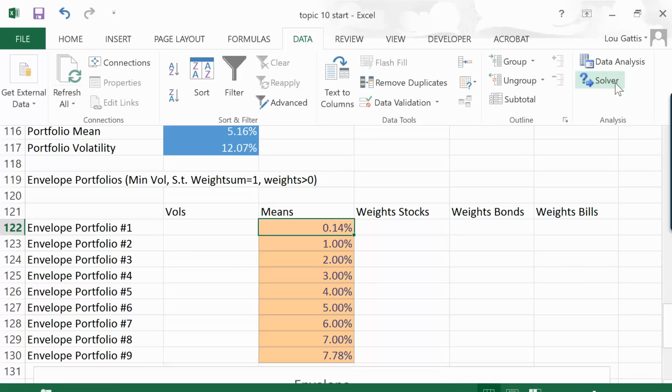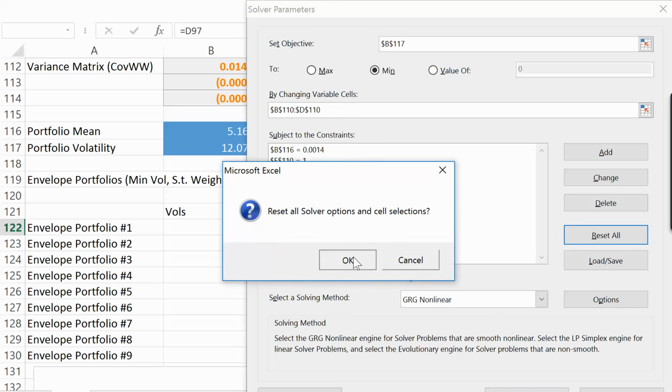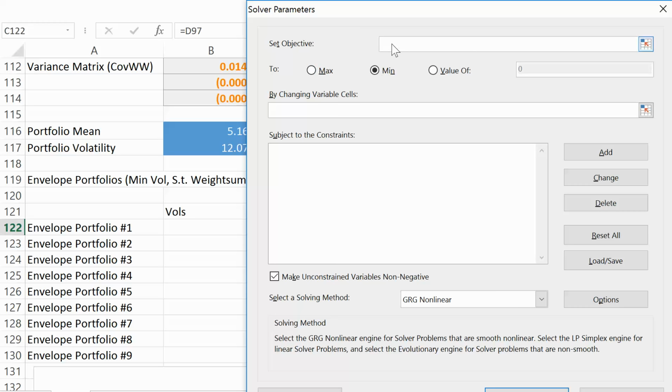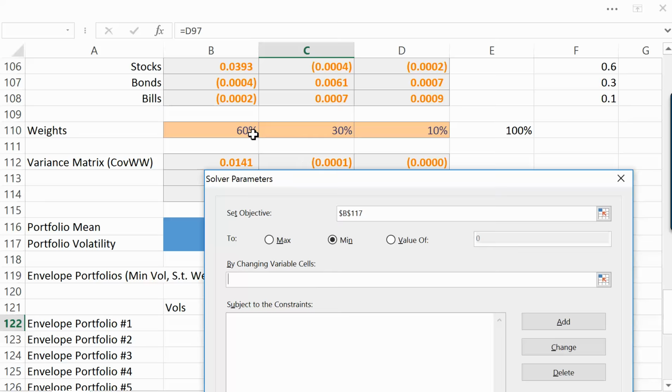Data, solver. I'm going to reset this. Well, looks like I'm not going to be able to do that easily. Oh, there's reset all. So I want to minimize my standard deviation right there by changing these 3 weights.